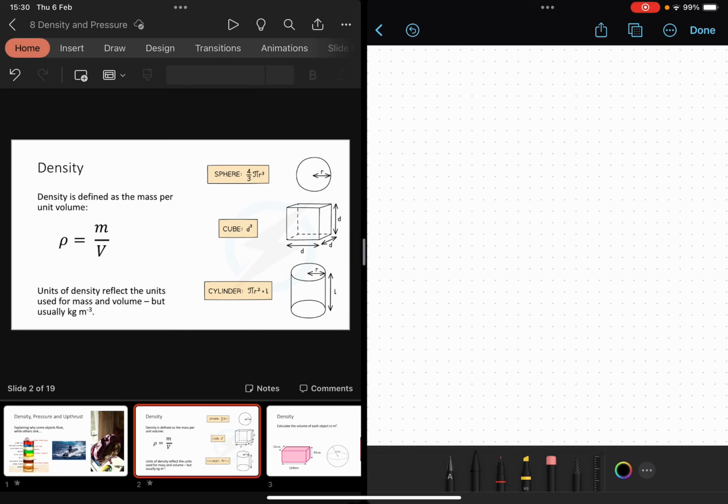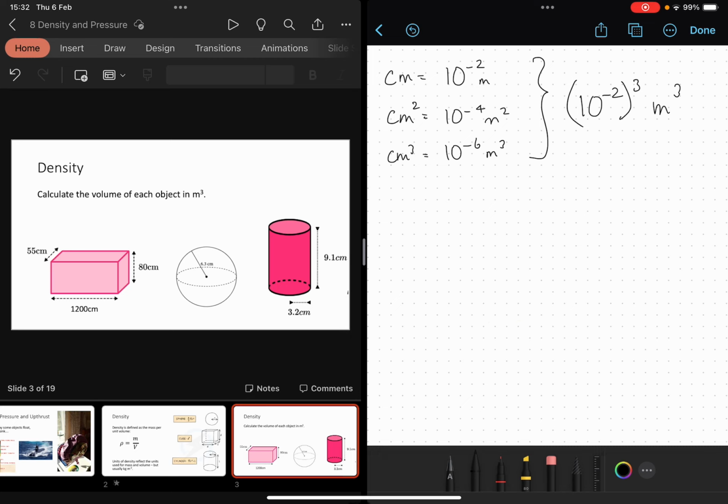In other words, 1 centimetre cubed is 10 to the minus 2, cubed, metres cubed. And that's where the 10 to the minus 6 comes from. And similarly, for millimetres, you know that a millimetre is 10 to the minus 3 metres. So a millimetre squared is 10 to the minus 6 metres squared.